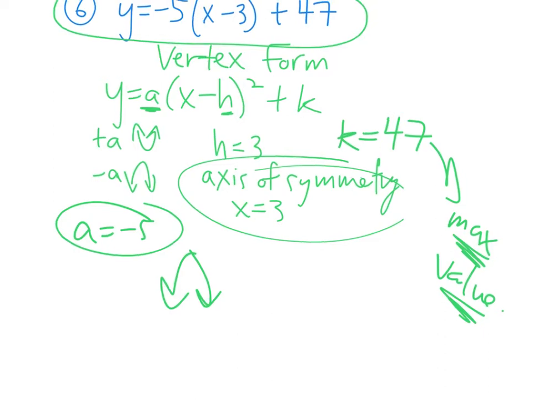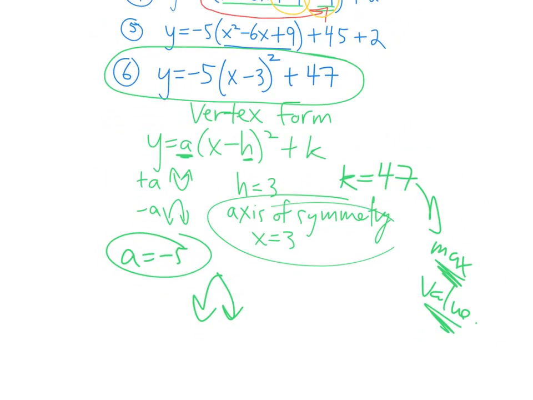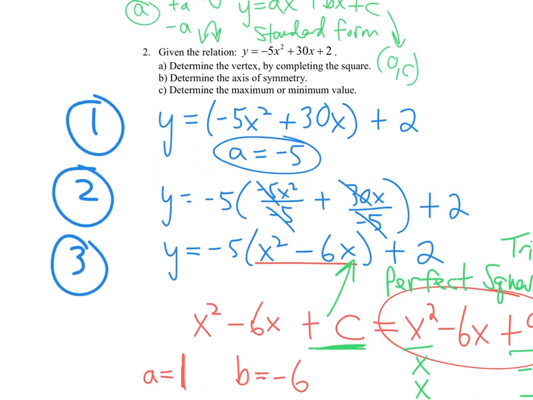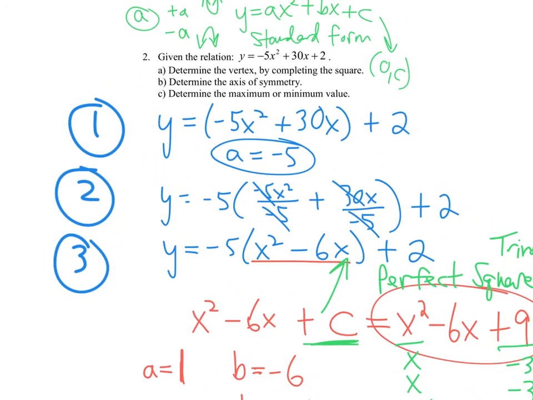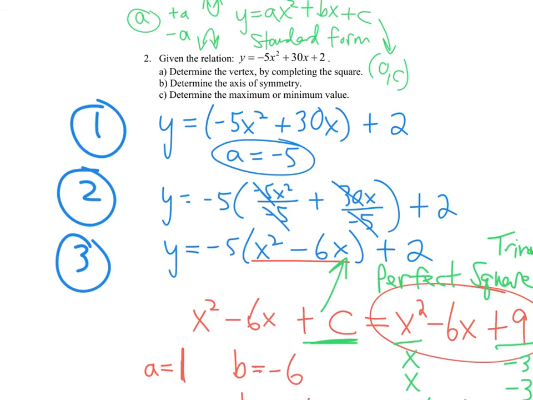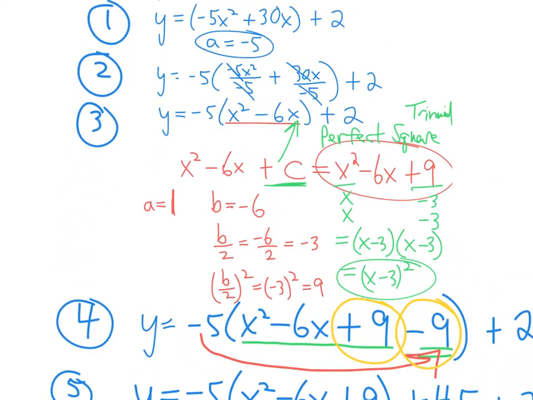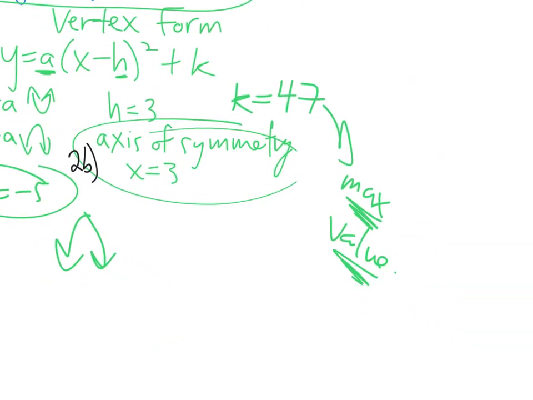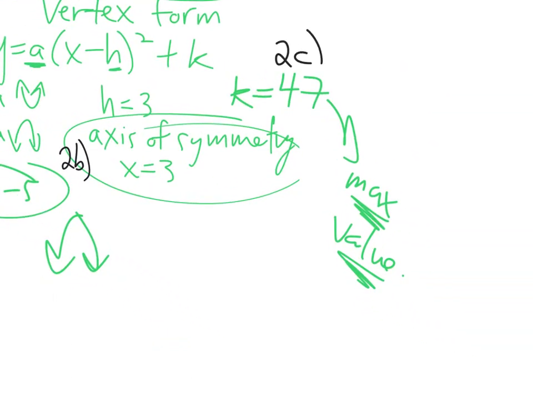So putting this all in perspective, what is the vertex? Because the original question, 2a, asks to determine the vertex, and we're determining that by completing the square. Then part B wants the axis of symmetry, and part C wants the max or min value that we've just answered. So let's label our answer accordingly. Here is the answer to 2b, and here is our answer to 2c.